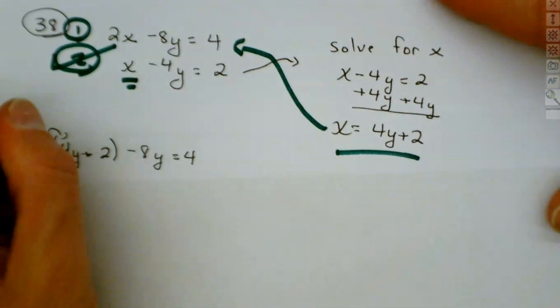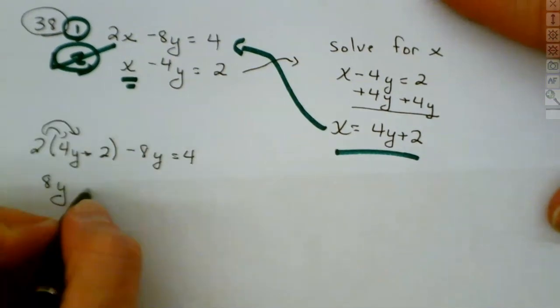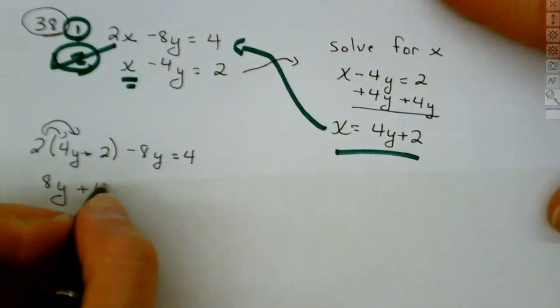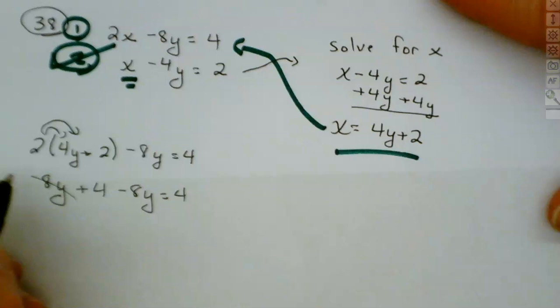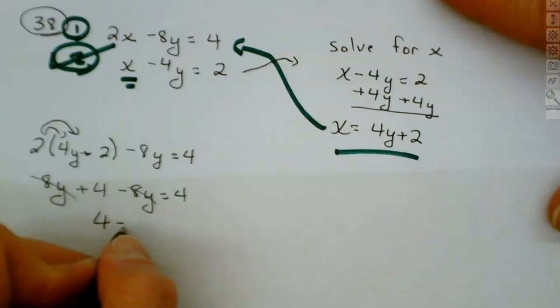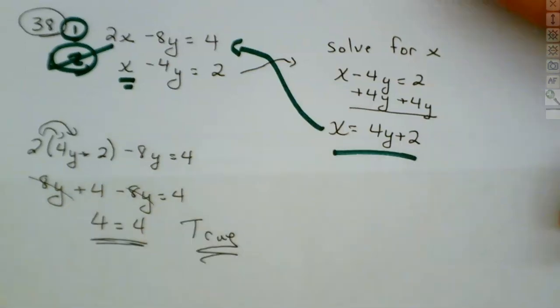Distribute your 2 through, and that makes it 8y plus 4 minus 8y equals 4. The 8y's cancel, and you get 4 equals what? 4. And that's true.